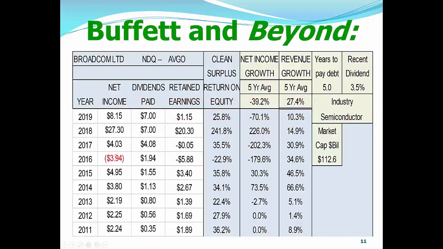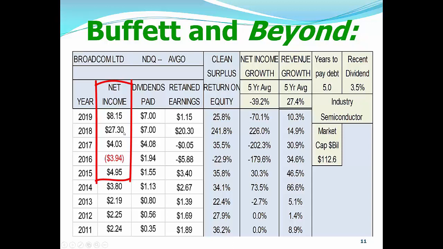Looking at that net income right away, we see in 2016, here's the cyclicality of this industry, folks. It was making $4.95 in 2015. In 2016, it was losing almost $4 a share. In 2017, it was making $4 a share. This is insanity.